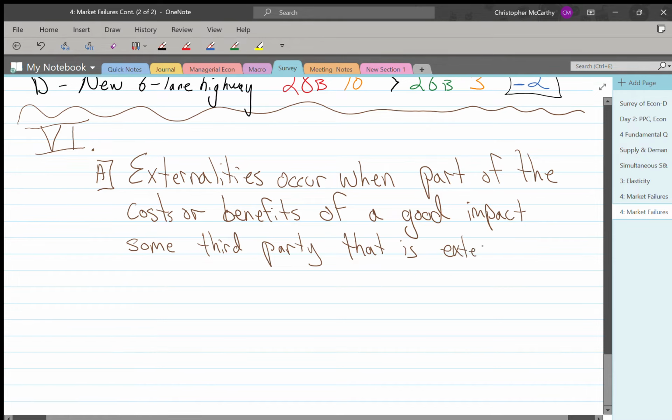That's where they get the name, externalities, external to the original market transaction.